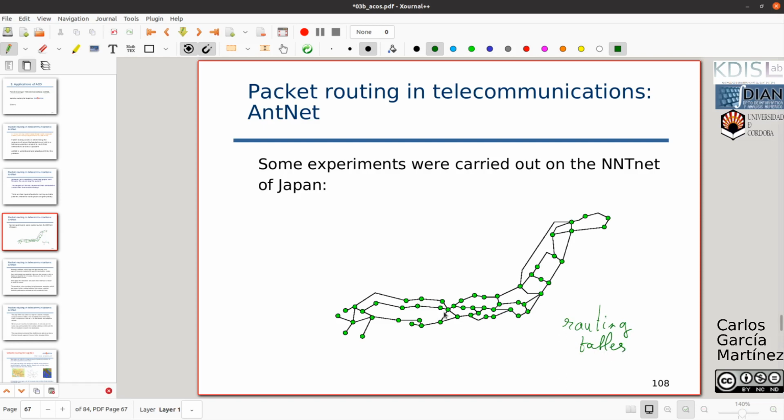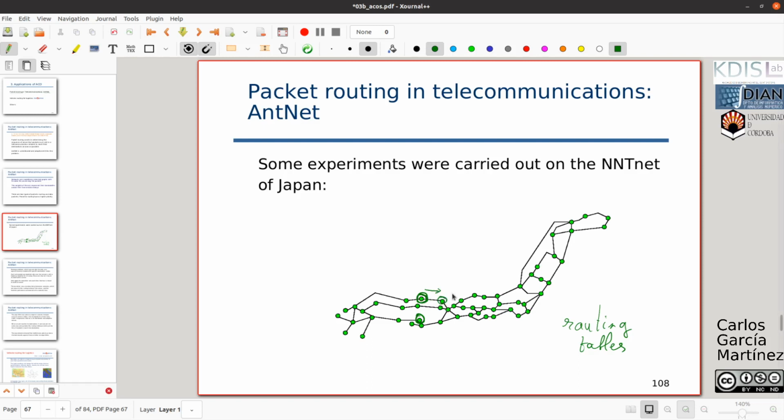So these tables let these nodes decide where the data packets should be transmitted to. So for instance, let's suppose that this computer would like to communicate with this one. So this computer has got a routing table which tells it that in order to reach this computer, it should send the data packet through this link.